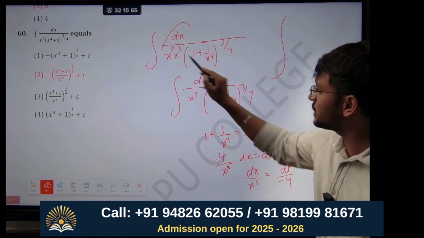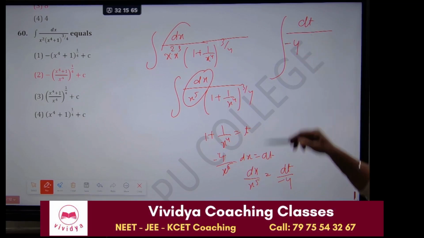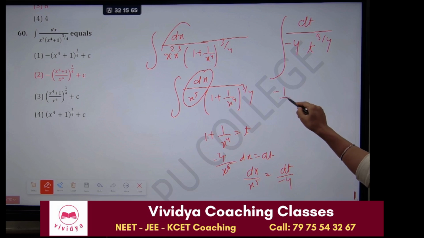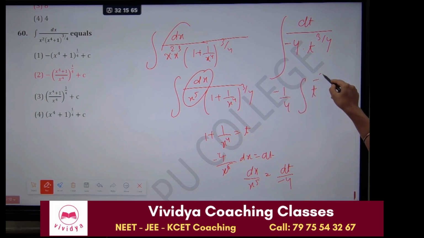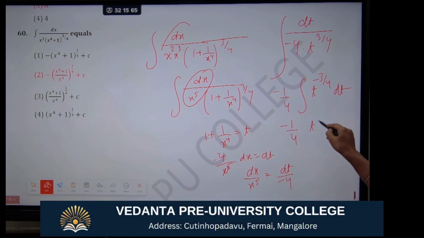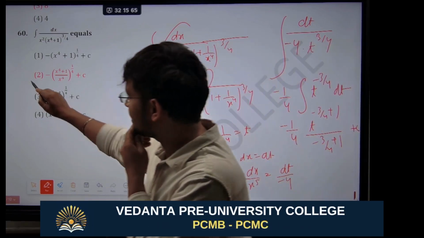So dx by x5 will be equal to dt divided by minus 4, and this value is equal to t to the power 3 by 4. So minus 1 by 4 will go common, t to the power minus 3 by 4 dt, and if you check this integration, plus 1, plus c. Now you substitute the value of t, you will see this is the answer.